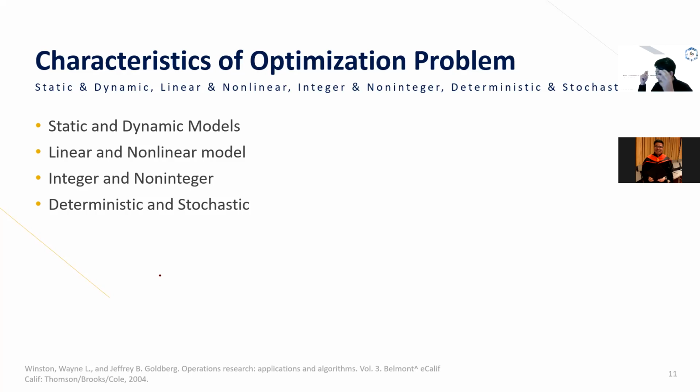Meanwhile, a dynamic model is a model in which decision variables may involve a sequence of decisions, because some variables may appear after one decision is made. For example, consider an assignment problem as a static type of model.